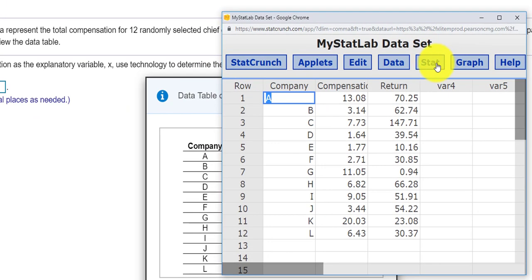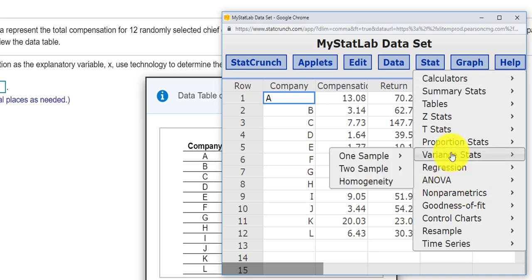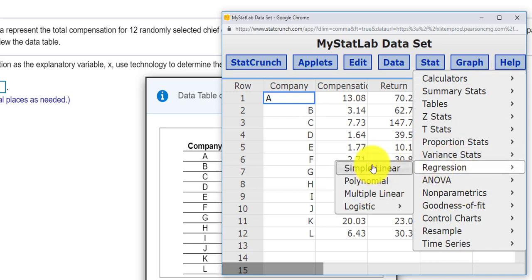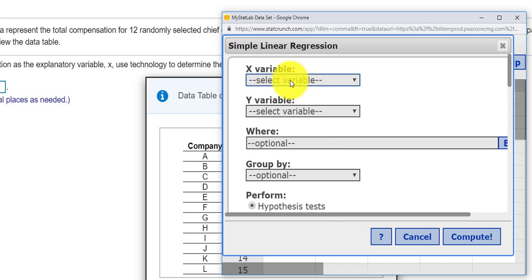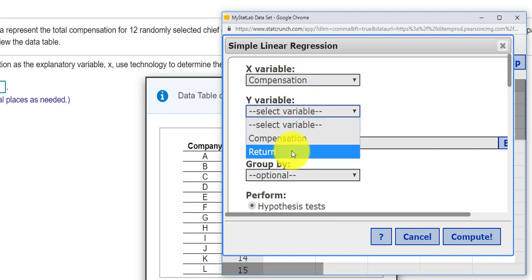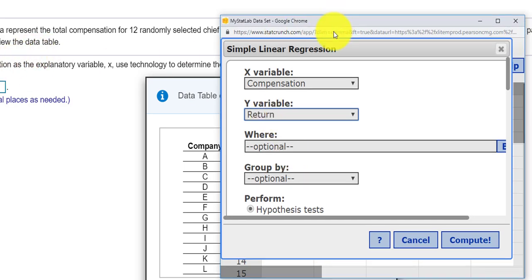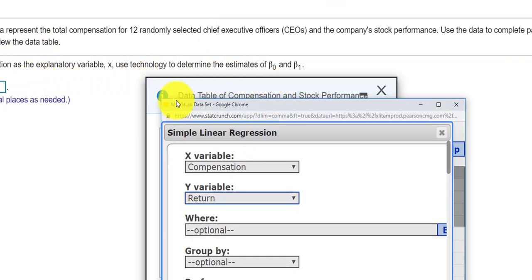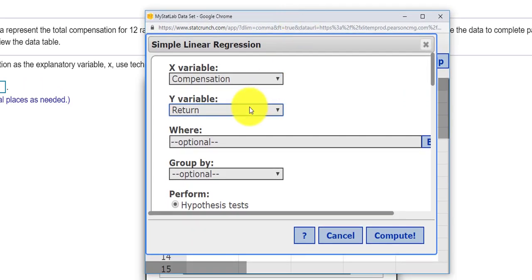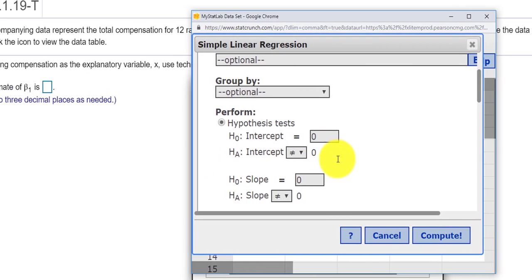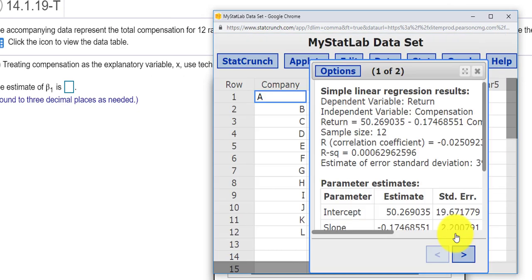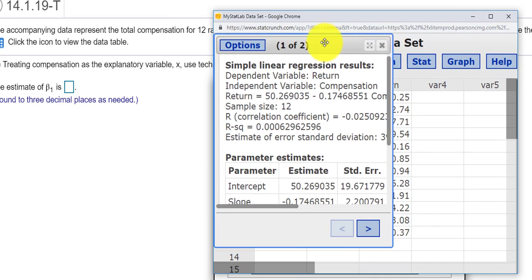Okay, so I press stat, regression, simple linear. My X variable was the compensation, and my Y variable was the stock return, right? I press compute, and let's see what we have here.